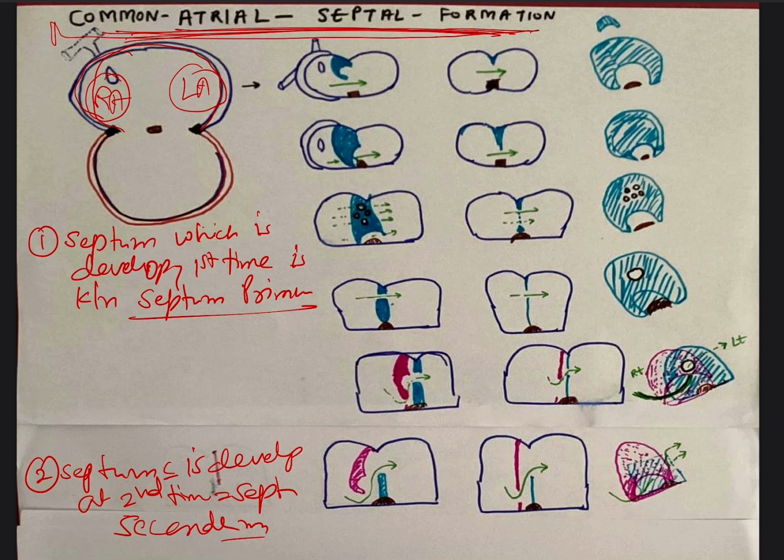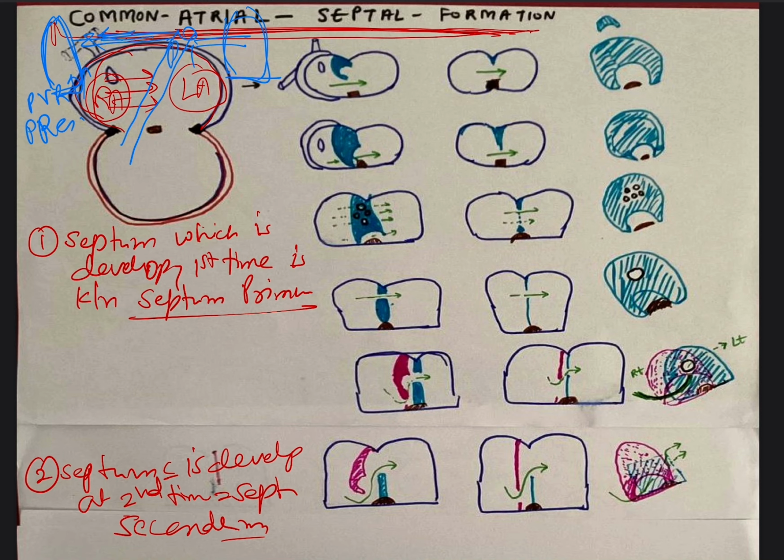And this is mandatory to shift blood from right to left side. Why is it mandatory to shift blood from right to left? Because we are aware that from the right ventricle blood will go into lungs through the pulmonary trunk. As the fetus is not breathing, the lungs are not expanded. As lungs are not expanded, pulmonary vascular resistance is very high.